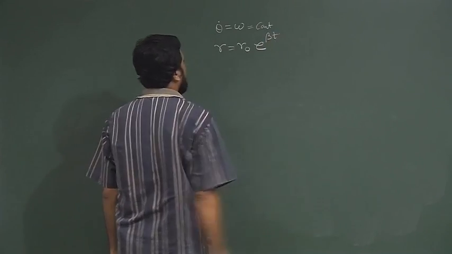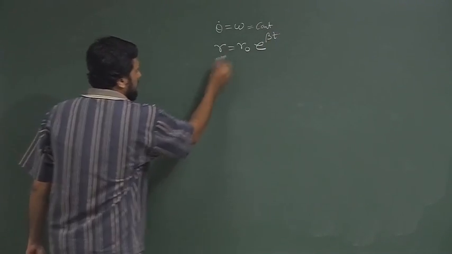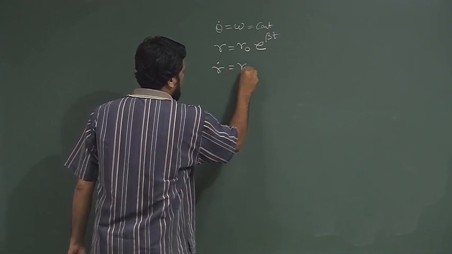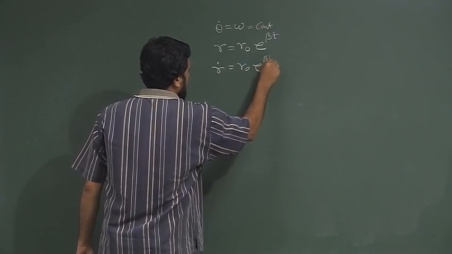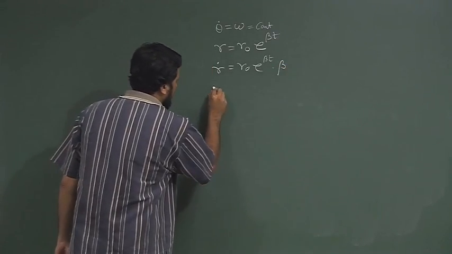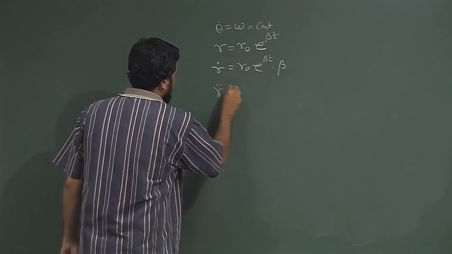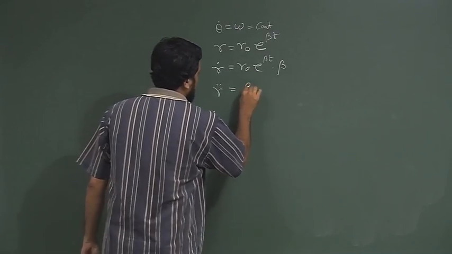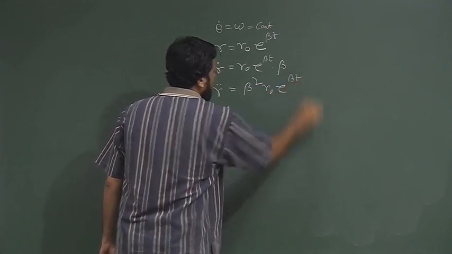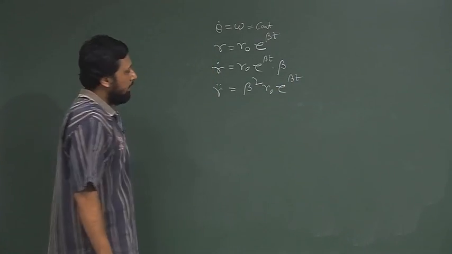So, if this is r0, r dot will be r0 e to the power beta t times beta, r double dot will be beta square r0 e to the power beta t, right.